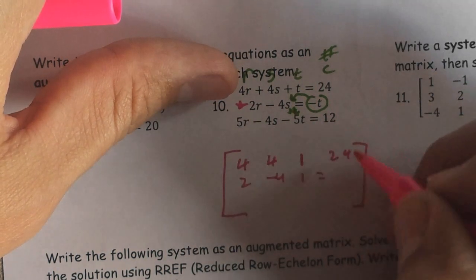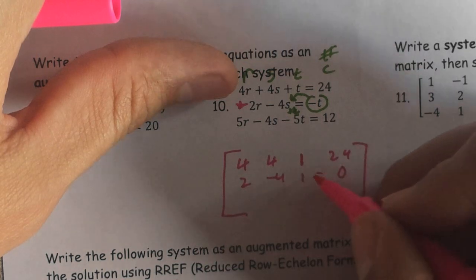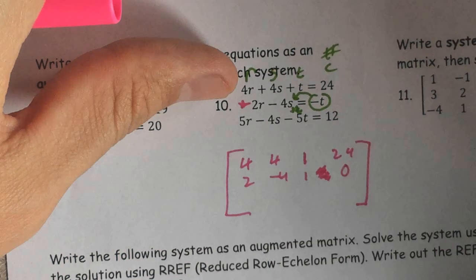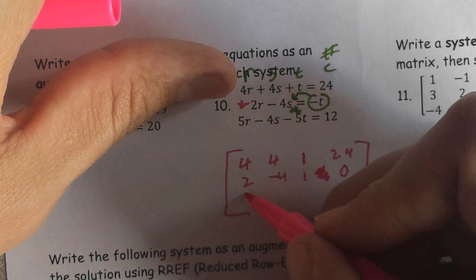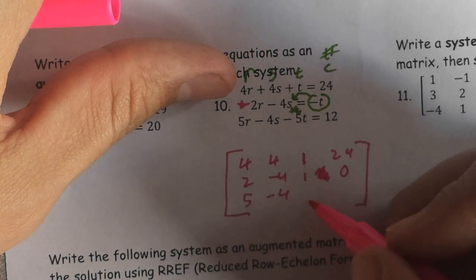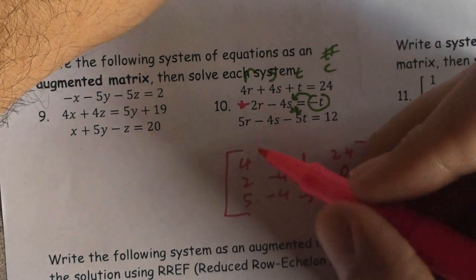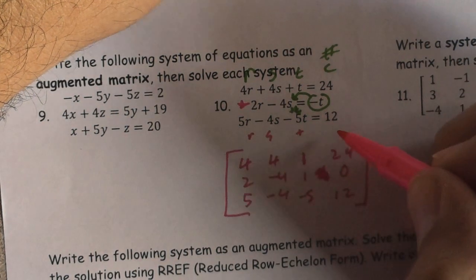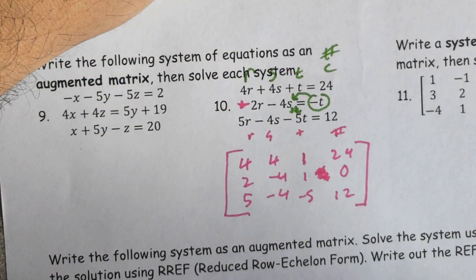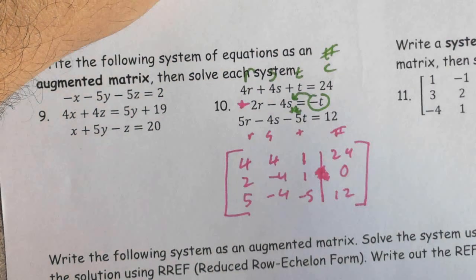And that leaves us nothing over here, and the equal sign is not supposed to be there. Then we have 5, negative 4 again, negative 5, and 12. So again, this is my R, S, T, and my number there. And again, you can put that line there if you really want to.